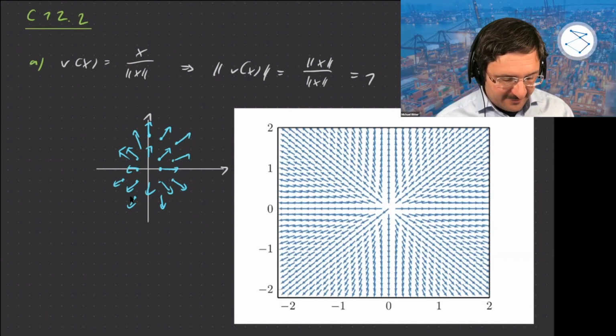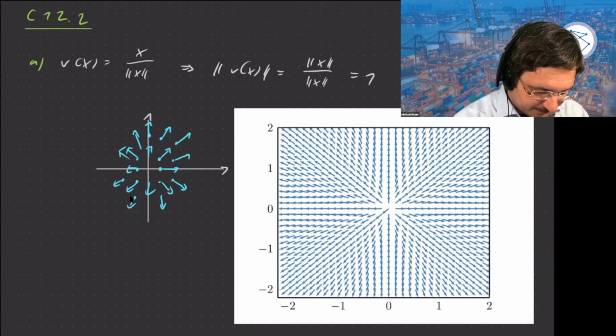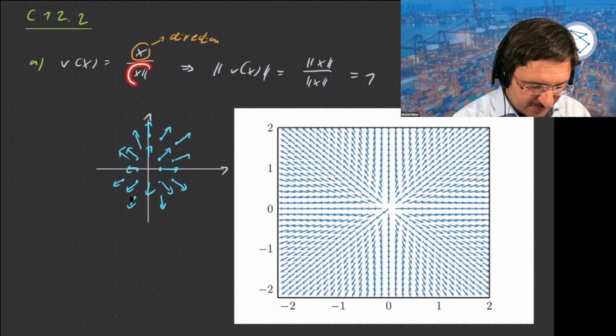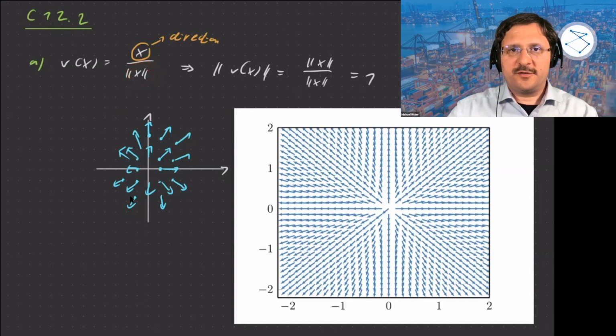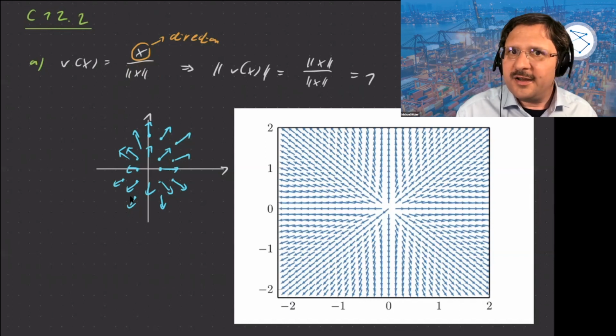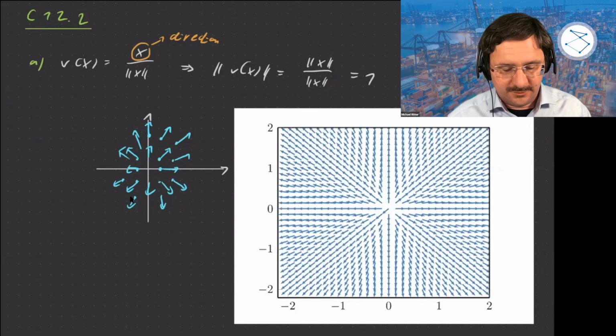So what we have is a vector field where the direction is influenced by this here. So x directly gives us a direction. This here is only a real number, so that doesn't change the direction of the field, just the length of the resulting vector. And it's a positive or non-negative real number, so it cannot flip the vector either, right?